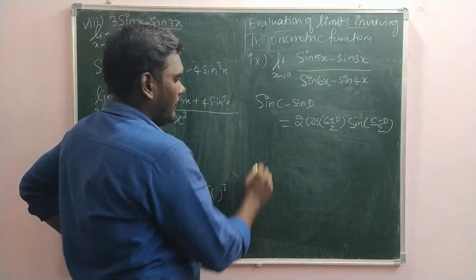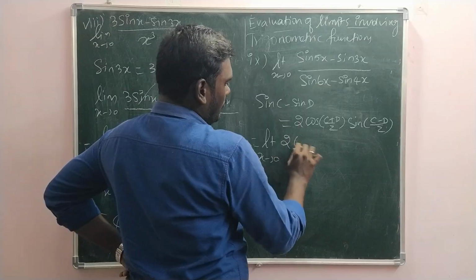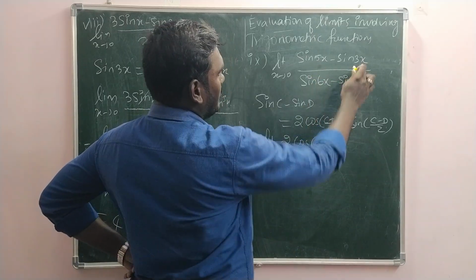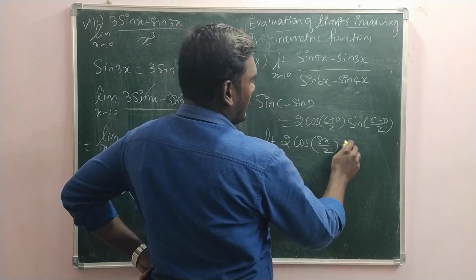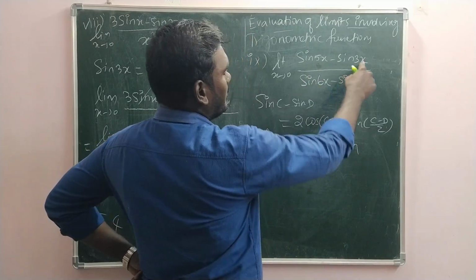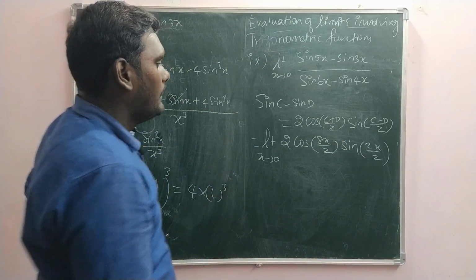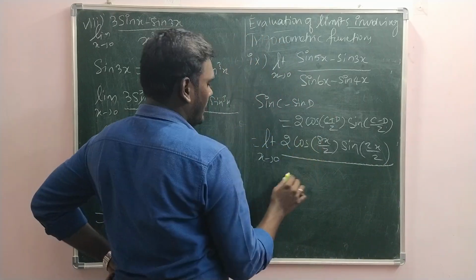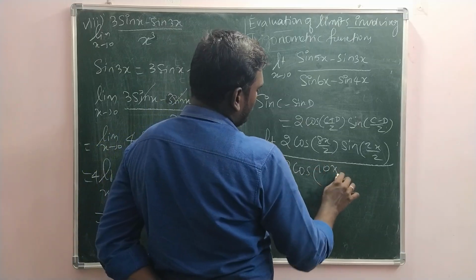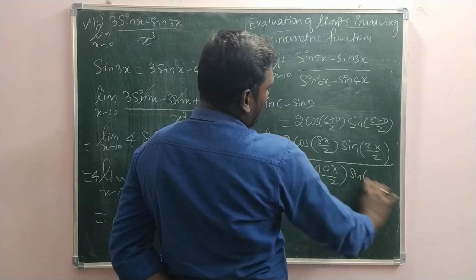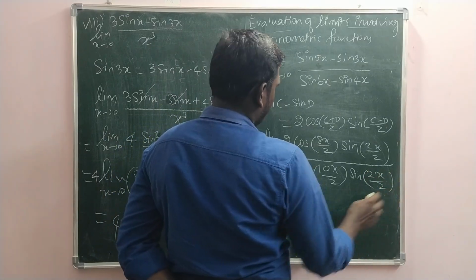Okay. Now the same thing I am going to apply. Limit x tends to 0, 2 cos of (c plus d) by 2, that is 5x plus 3x, 8x by 2, and sin of (c minus d) by 2, 5x minus 3x, 2x by 2. Divided by the denominator, also the same formula, 2 cos of 6x plus 4x, 10x by 2, sin of 6x minus 4x, 2x by 2.